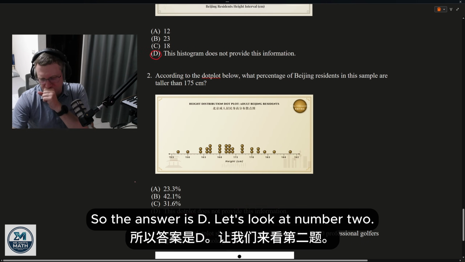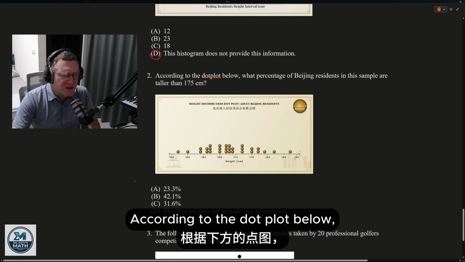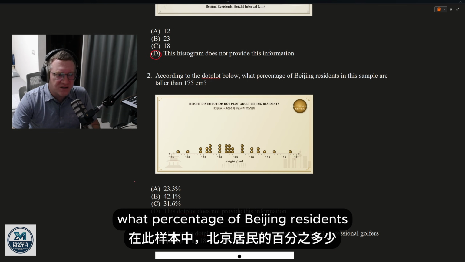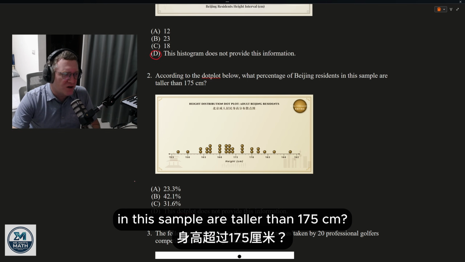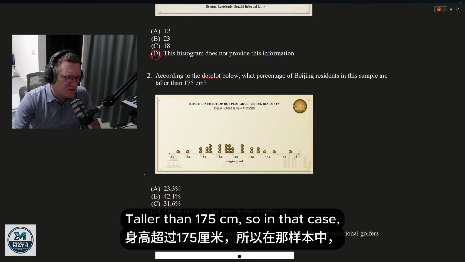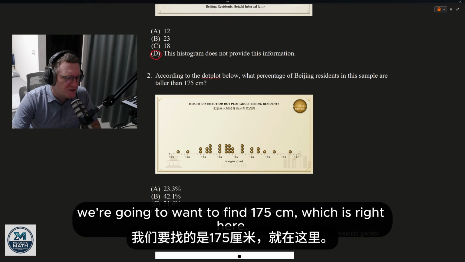Let's look at number 2. According to the dot plot below, what percentage of Beijing residents in this sample are taller than 175 centimeters? Okay, taller than 175 centimeters. So in that case, we're going to want to find 175 centimeters, which is right here.